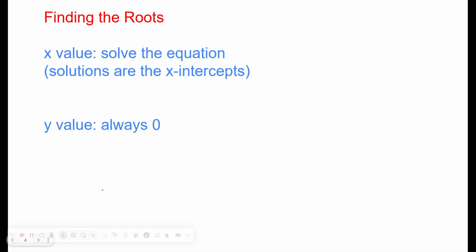Finding the roots, we've got to solve the equation. Solutions are the x-intercepts. That's what you've been working on in class for so very long. Let's do the equation x squared plus 5x plus 6. I know that I want to pick that one because I can factor it. You can solve it however you want. 6 at the top, 5 there.